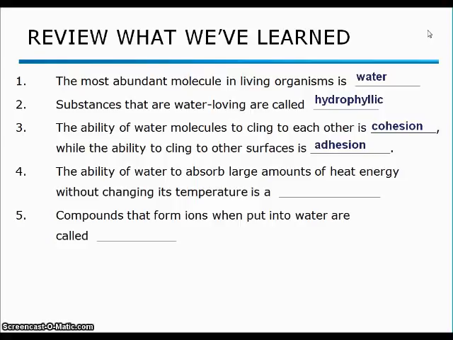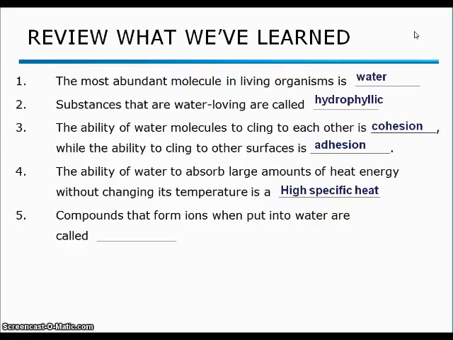And the ability of water to absorb large amounts of heat energy without changing its temperature is a high specific heat. And that's a huge deal. It makes a big difference in our body, in maintaining body temperature. When we talked about homeostasis, this high specific heat capacity of water really helps us to stay alive.